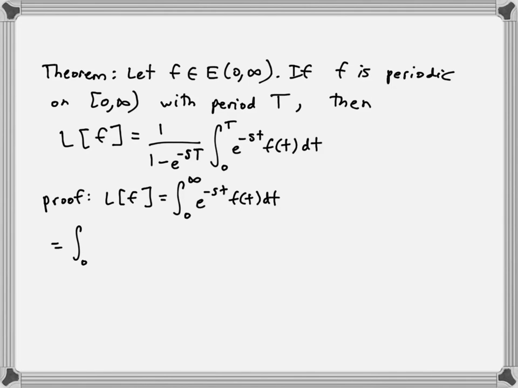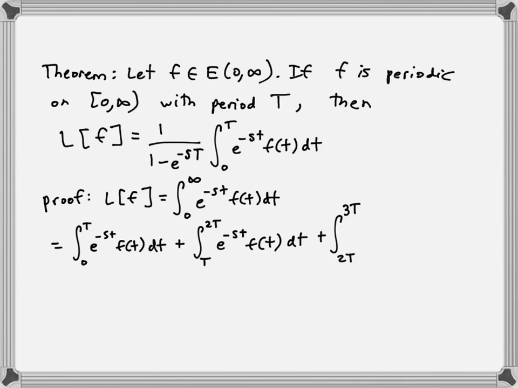First, we go from 0 to capital T of e to the negative st f of t dt, plus the integral from capital T to 2T of e to the negative st f of t dt. And then let me do one more, from 2T to 3T.